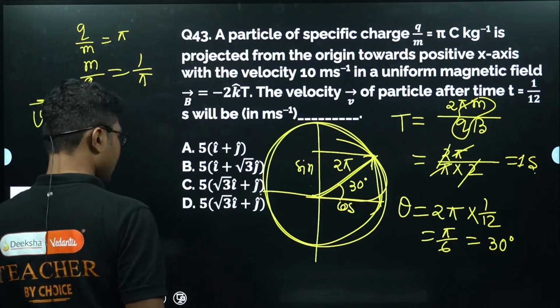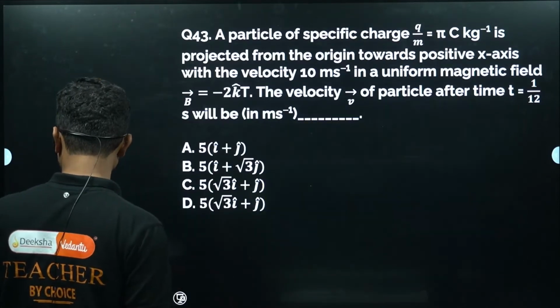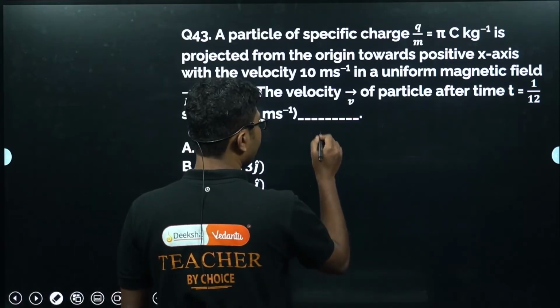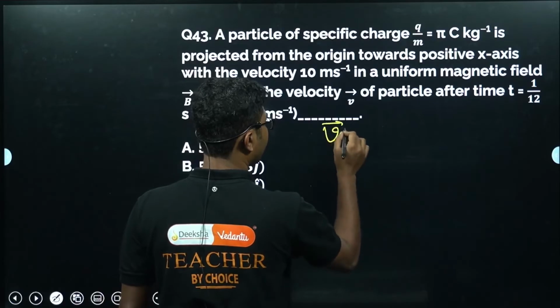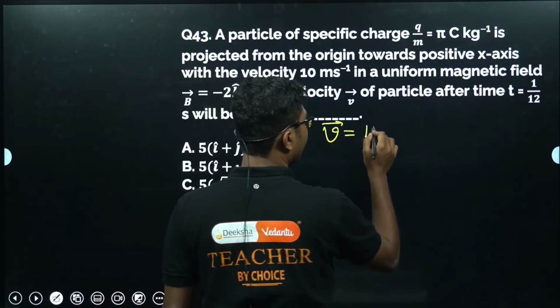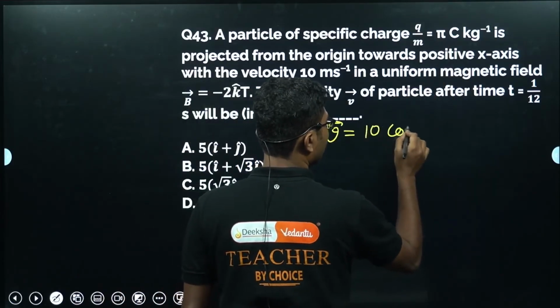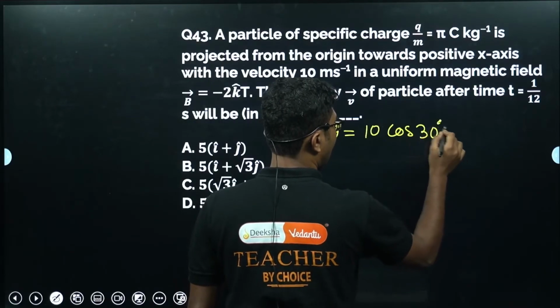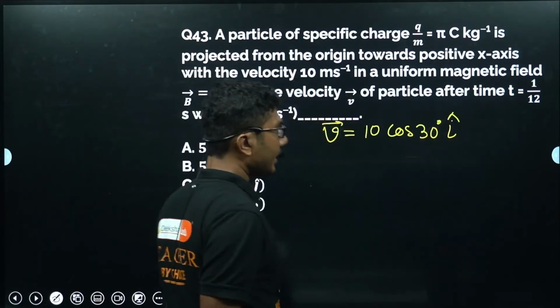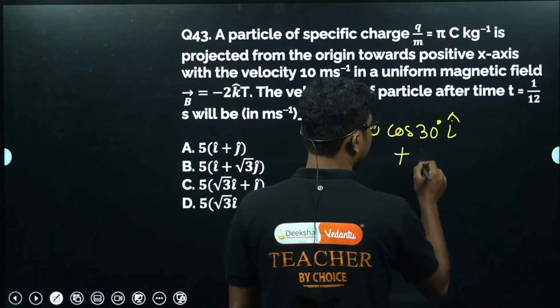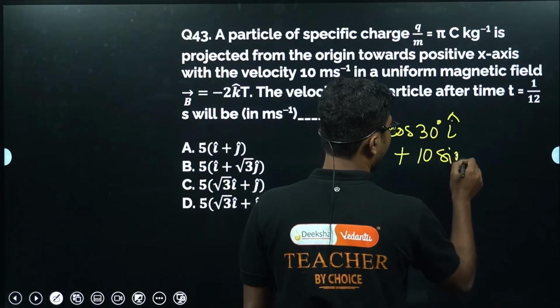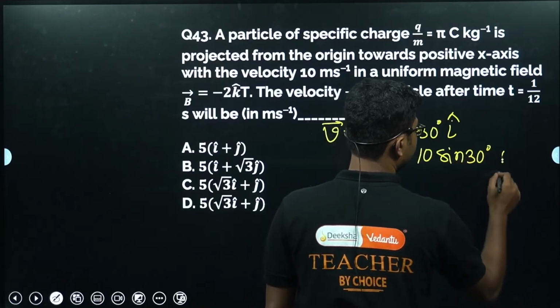Let me clean it. We remember the angle 30 degrees, that is only important. So, v vector will be this 10 value cos of 30 degrees i cap, right? This is along x axis, plus 10 sine of the angle 30 degrees j cap.